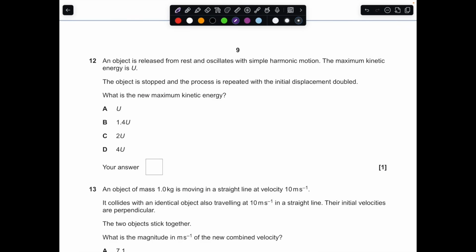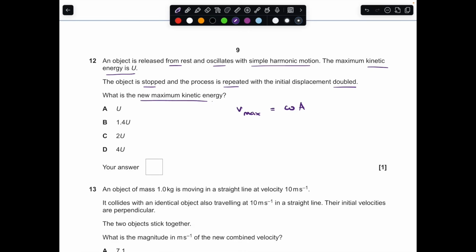An object is released from rest and oscillates with simple harmonic motion. The maximum kinetic energy is U. The object is stopped and the process is repeated with the initial displacement doubled. What is the new maximum kinetic energy? So we know that Vmax is equal to omega A, where A is the amplitude.